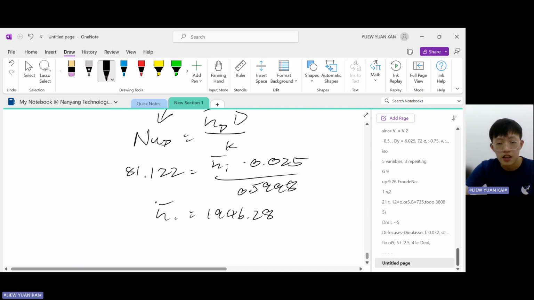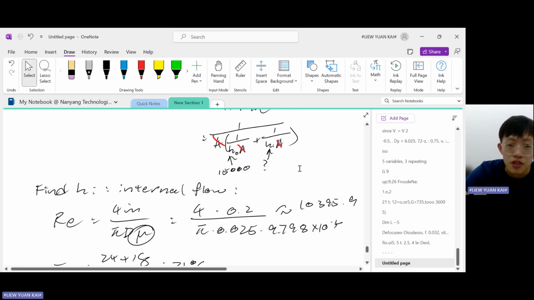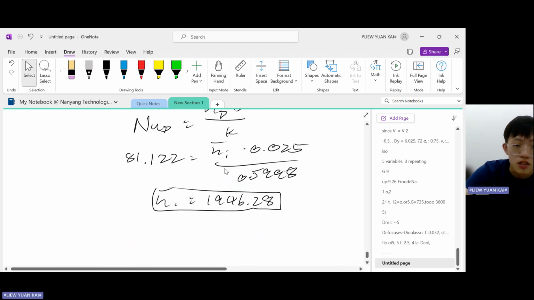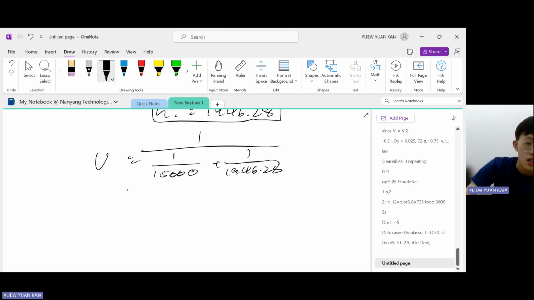Now we can plug this back into our formula for U. Let's recall that U is equal to 1 over 15,000 plus 1 over 1946.28, and then U is approximately equal to 1722.75.